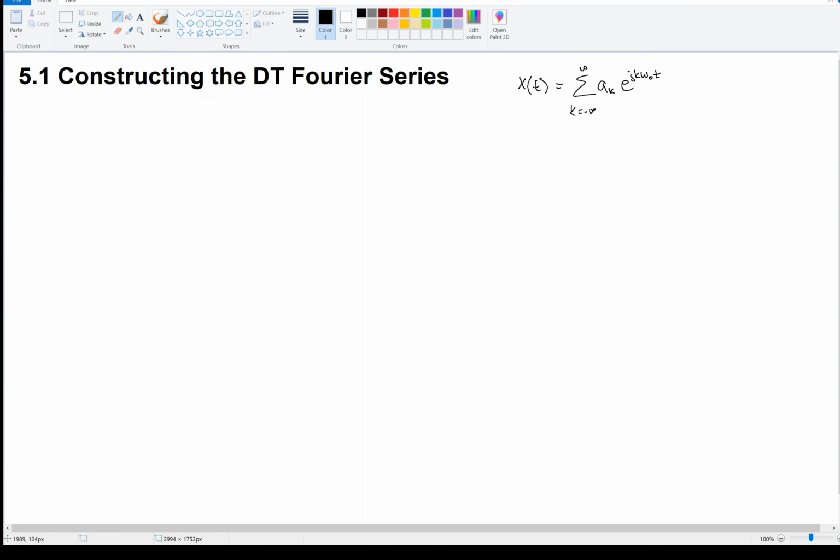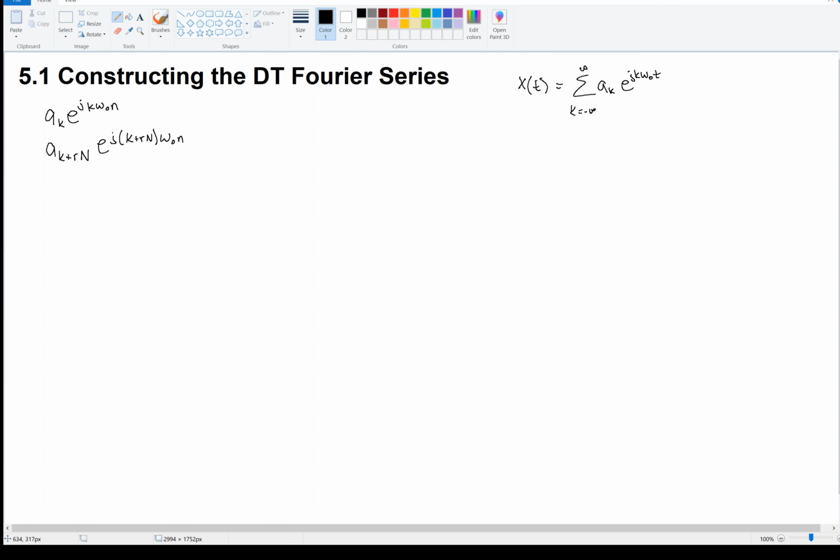Now, first of all, I want to point out that if, in discrete time, a_k e to the j k omega 0 n is a component, then so is a_(k plus rN), where N is the period of the signal and r is an integer, times e to the j (k plus rN) omega 0 n.